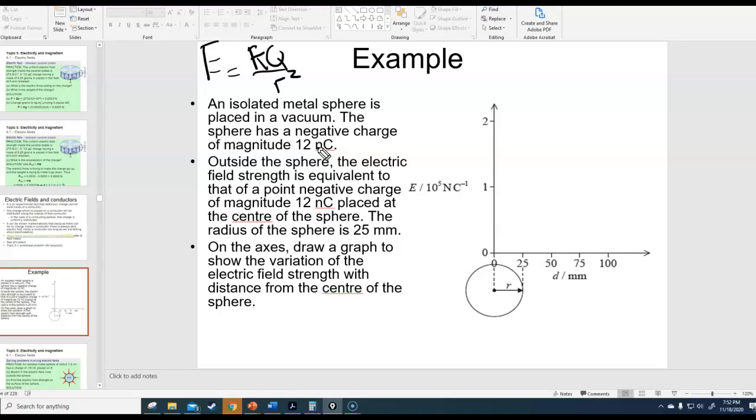Even though there's no charge inside the sphere, in other words, let's say this is a conducting sphere, all the charge is on the outside. There is no charge on the inside, but this equation works outside of the sphere by pretending that all of the charge that's out here is actually all focused at the center.